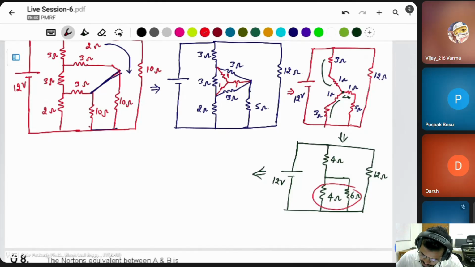This is a single resistor, and the one below is 5 ohm. If these two are shorted, then the same thing you can write like this, as a triangle. Simply for your understanding, I write these two in triangle form.